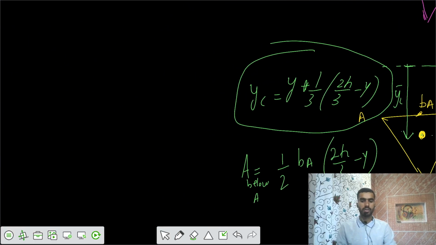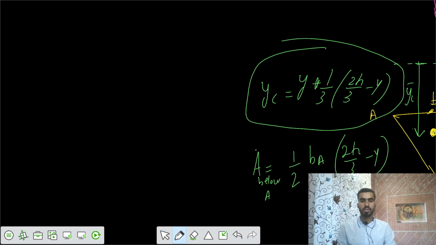So I would write shear stress tau equals V times the area below, which I can take as 1/2 BA and 2h/3 minus y.